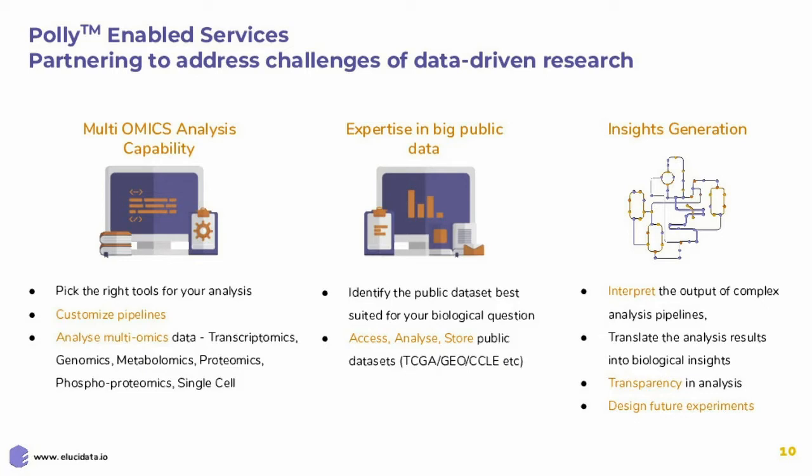We have also tinkered and played and dug deep into many publicly available data sets that are routinely and increasingly becoming part of early R&D efforts. And finally, we are a multidisciplinary team who work very closely with you to enable insight generation.